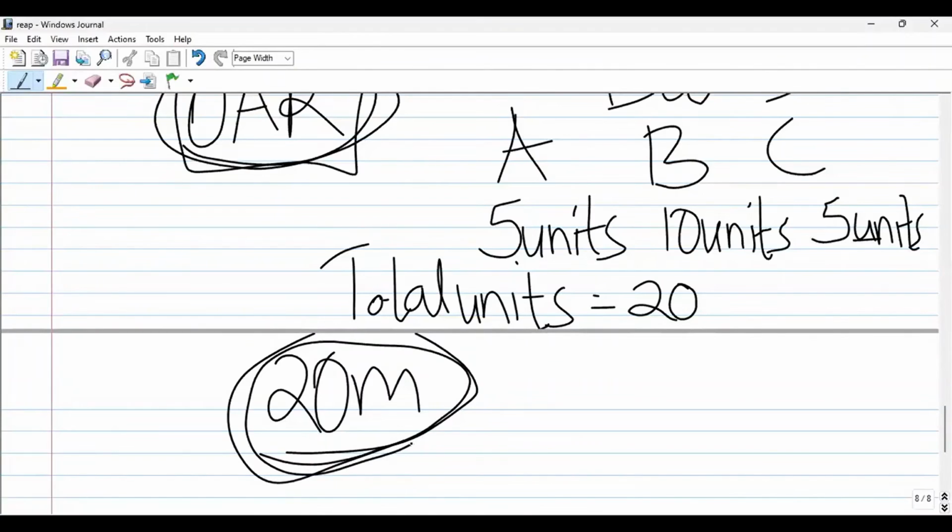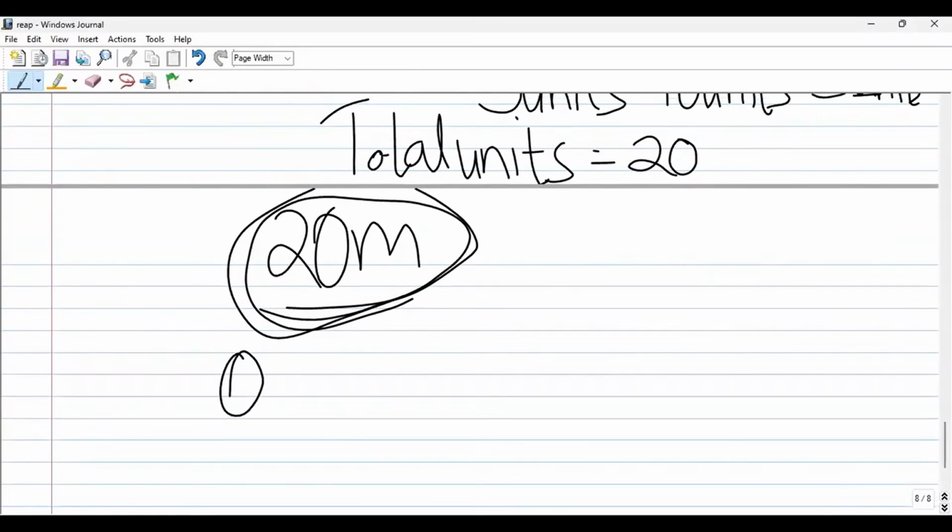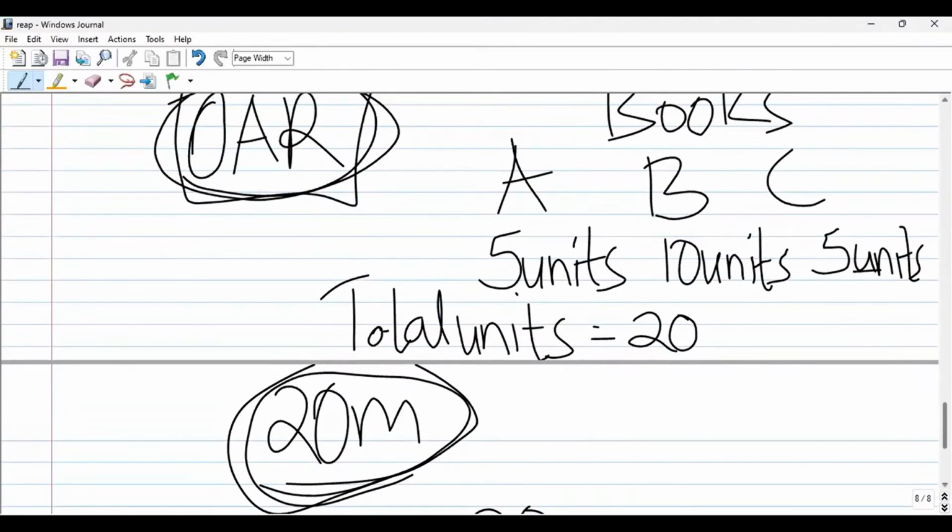To find what I'm going to allocate to product A, I first compute an overhead absorption rate. The budgeted overhead, which is the overhead I want to apportion, is 20 million. Divide by the budgeted activity level, which in this case is the total output.